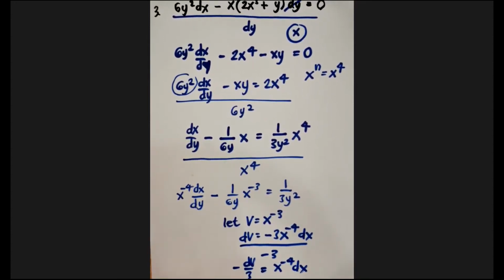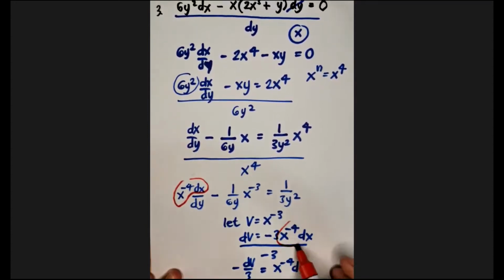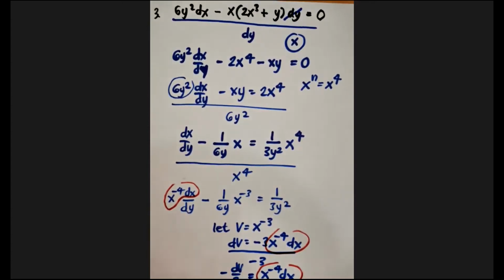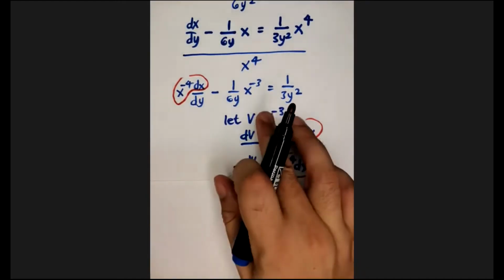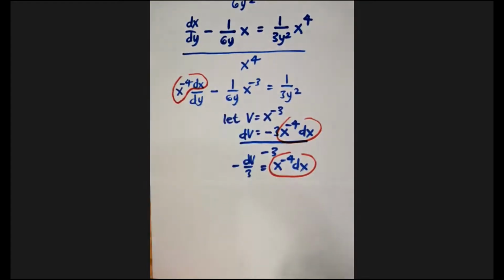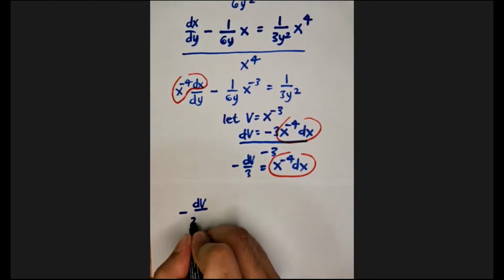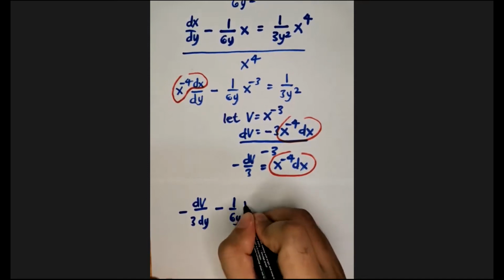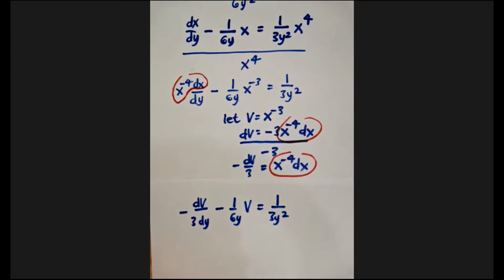The purpose is to get this term. After that, we substitute this and this into the equation. So we'll have negative dv over 3 dy minus 1 over 6y times v is equal to 1 over 3y squared.